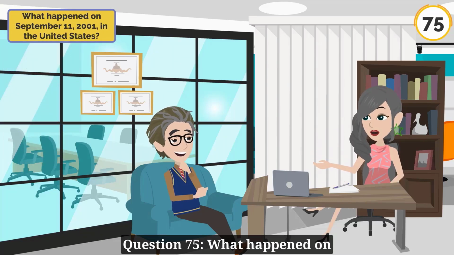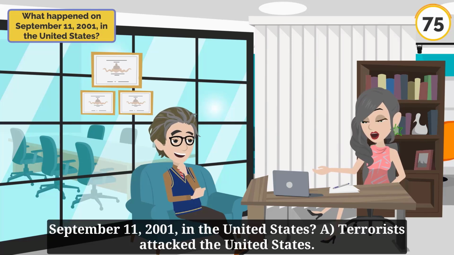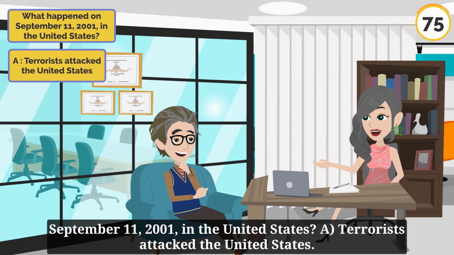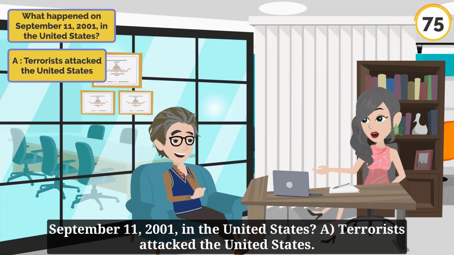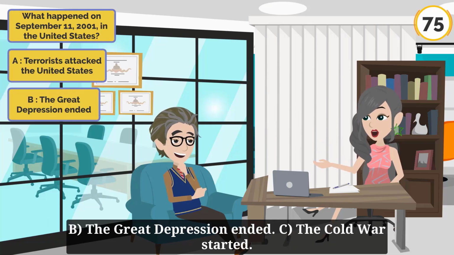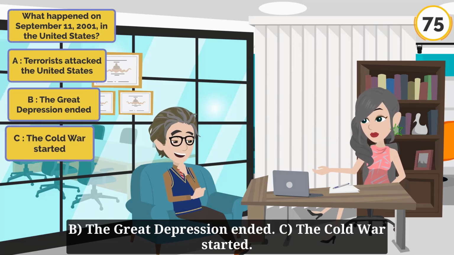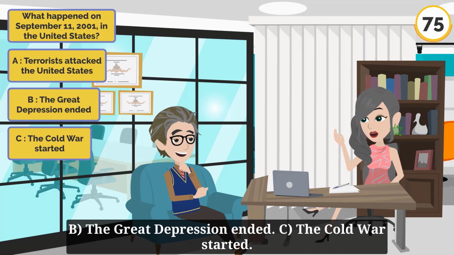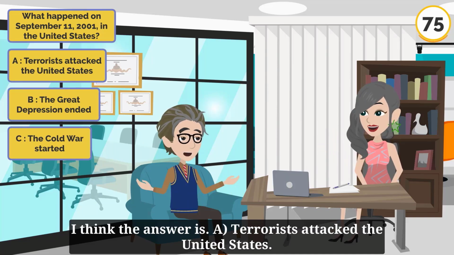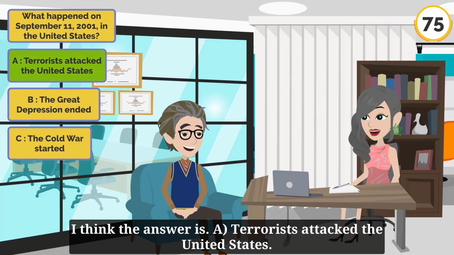Question 75. What happened on September 11, 2001 in the United States? A. Terrorists attacked the United States. B. The Great Depression ended. C. The Cold War started. I think the answer is A. Terrorists attacked the United States.